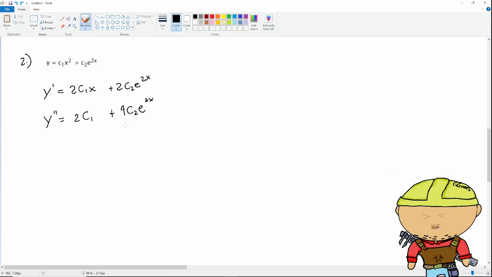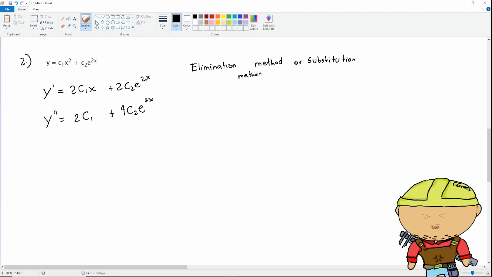So after differentiating, depending on how many constants we have, we can proceed to using elimination method or substitution method.